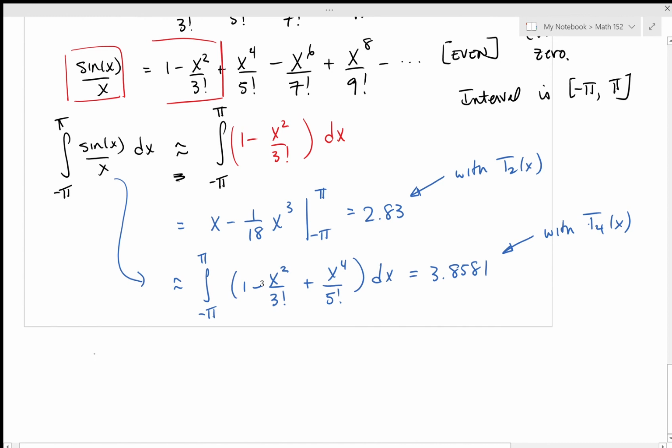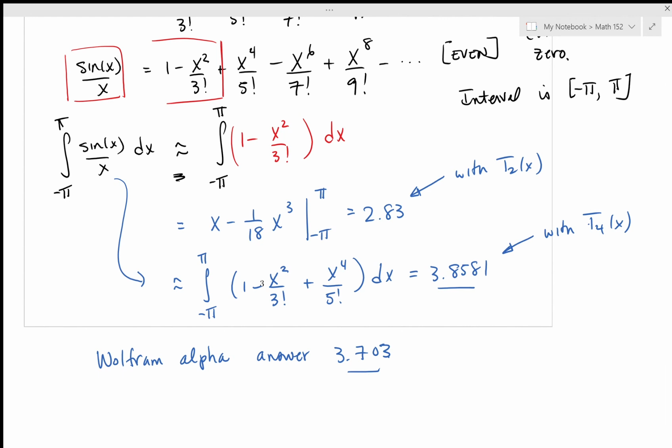And just to see how we're doing, I checked with Wolfram Alpha, and Wolfram Alpha gave me the answer. The answer is 3.703. So it's not too bad. By the time we've got to a T4 polynomial, we're already within that first decimal place.